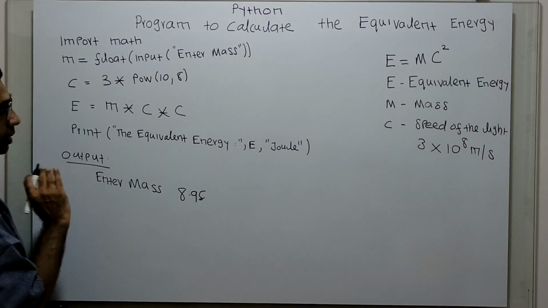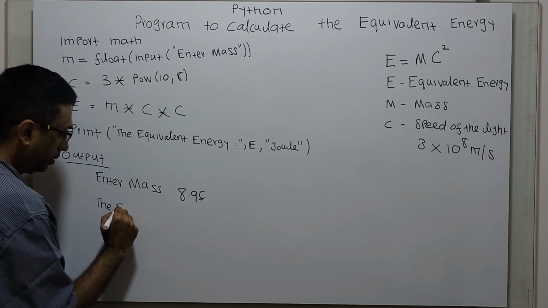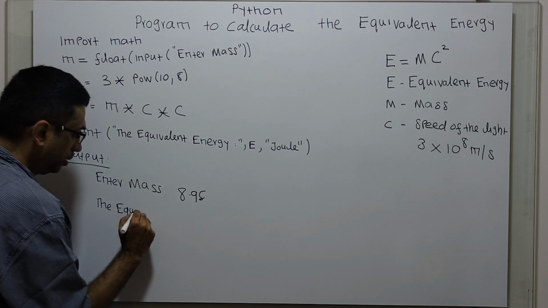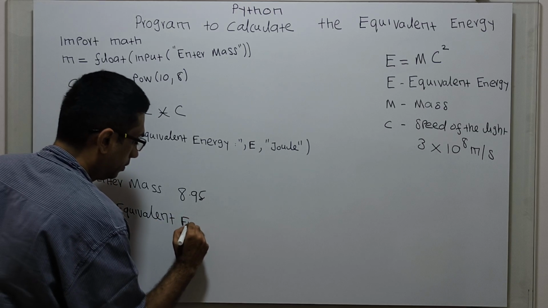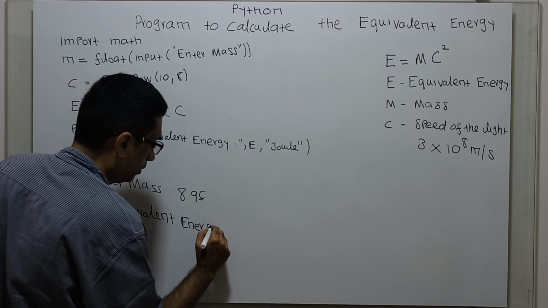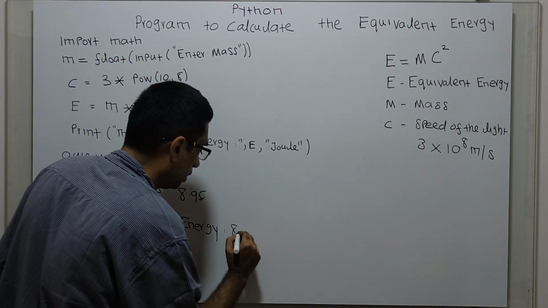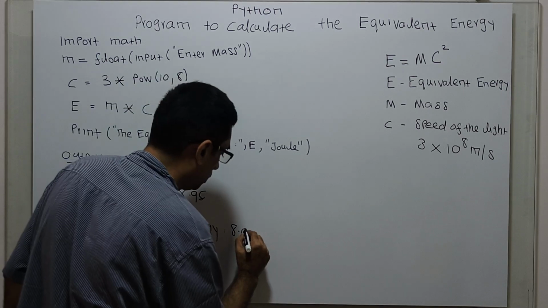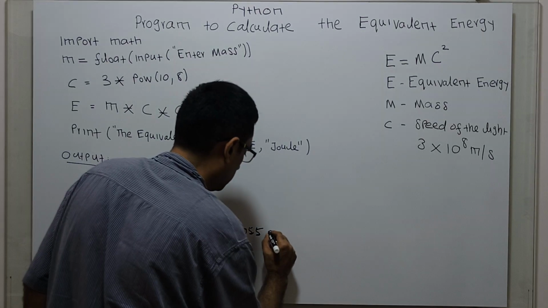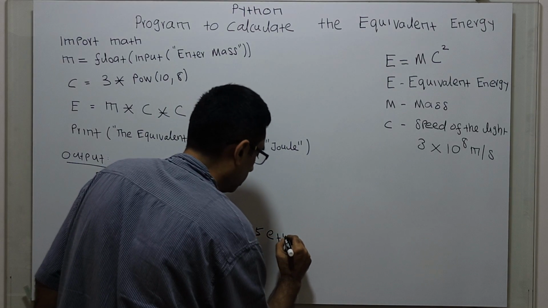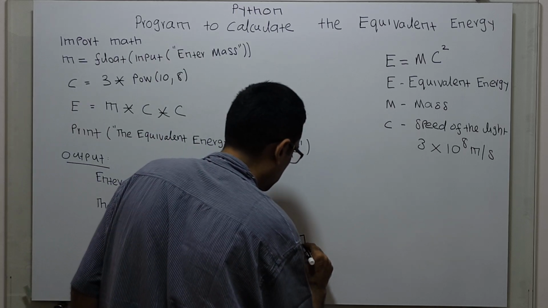The string "equivalent energy" will get printed. The output value is 8.055 E plus 17, E power plus 17, and the unit of measurement joule.